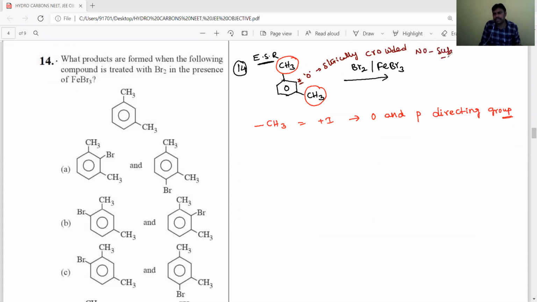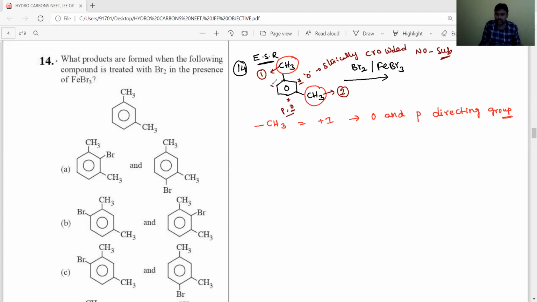But for example, if you label this CH3 as the first CH3 group and this one as the second, then with respect to the second CH3 group this position is ortho, and from the first CH3 group this position is para.